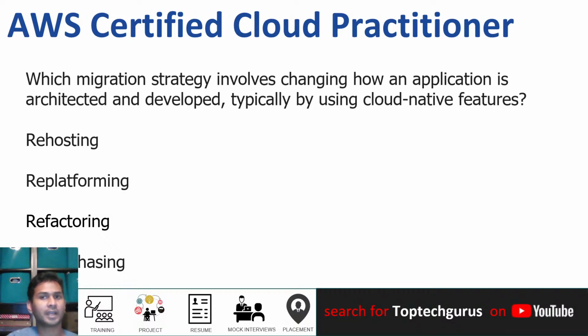Refactoring is where you figure out that this is a service the cloud provides much better, so you can use the benefits of the cloud and then rewrite or re-architect certain aspects of your application.